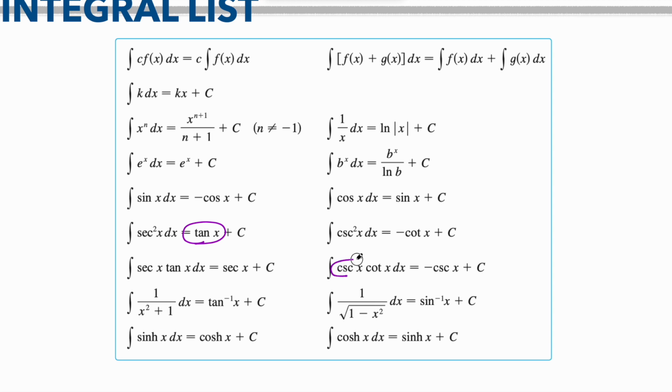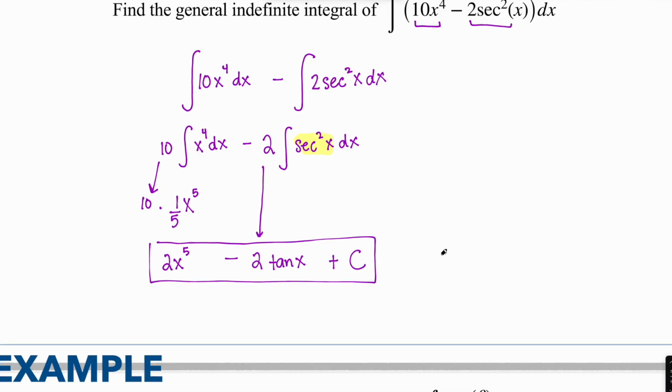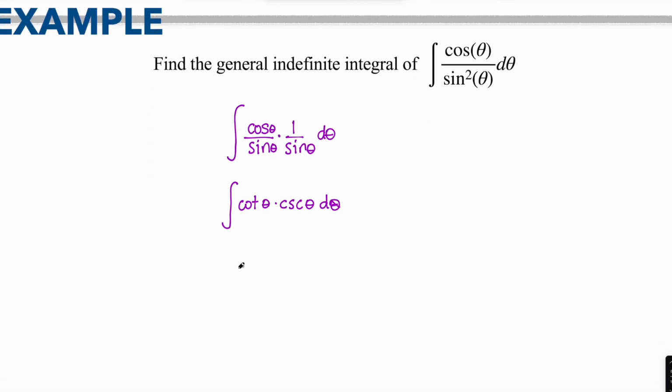And cotangent times cosecant is actually going to be a negative cosecant of theta. But don't forget, because we're looking for the very general term, it's going to be plus c.